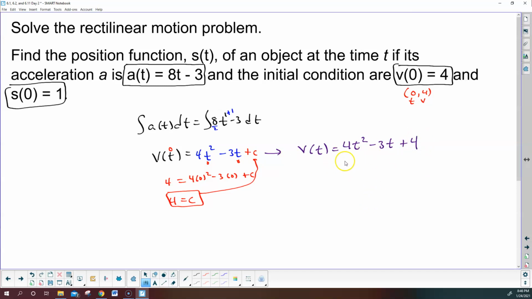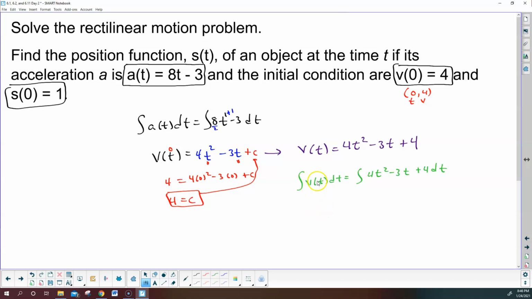So now, if I do the exact same thing, the antiderivative of velocity will give me position. So we can go ahead and take the antiderivative of both sides. And notice when I say antiderivative, I'm putting the integral symbol with respect to time, because all of these have an independent variable of time.